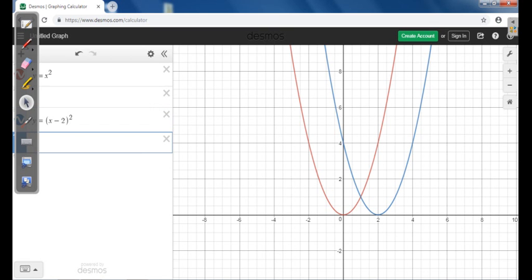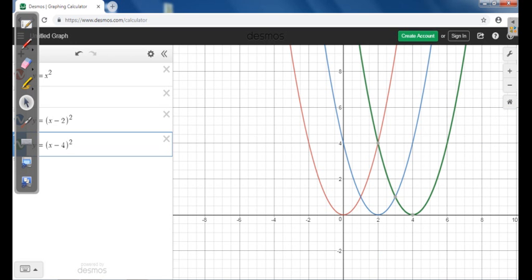Let's look at another one. Y equals, what was the second one? X minus 4 squared? What happened? Can you compare the red one to the green one? It moved 4 units to the right.